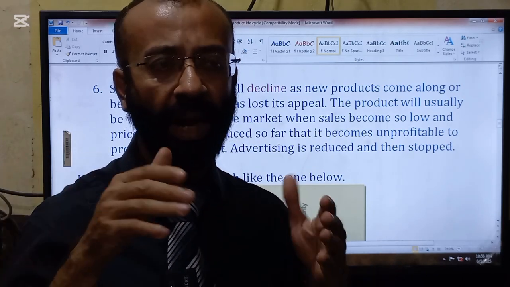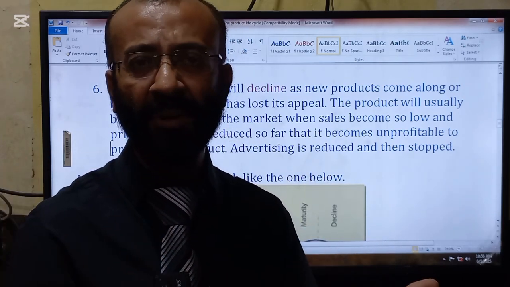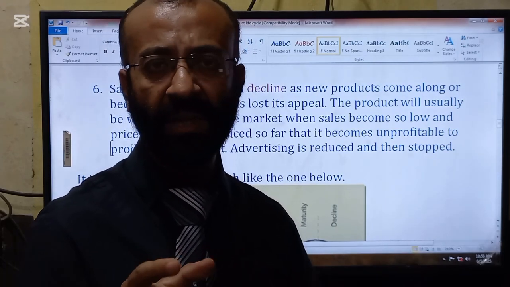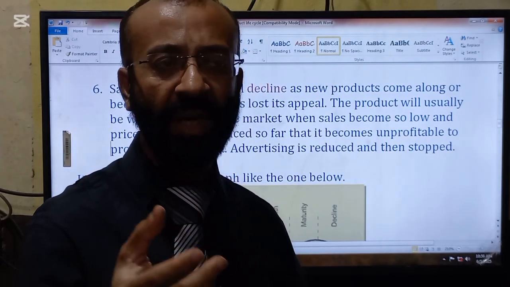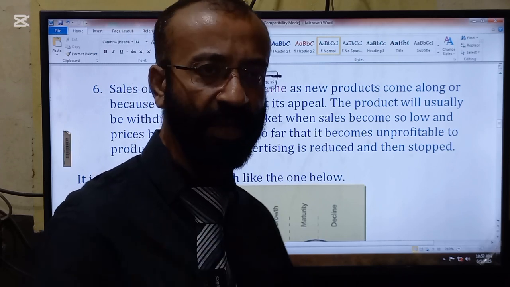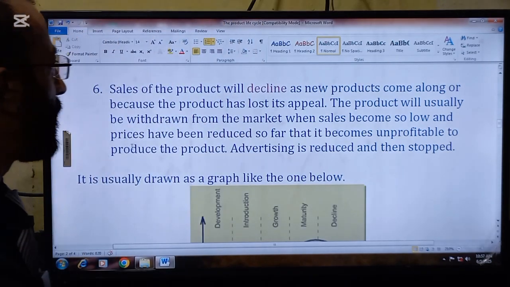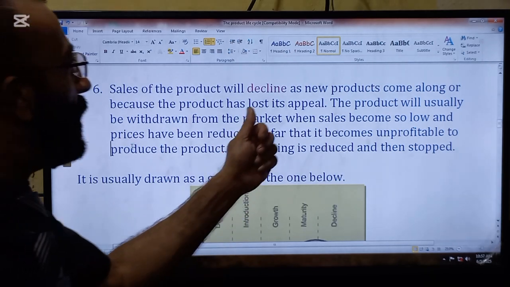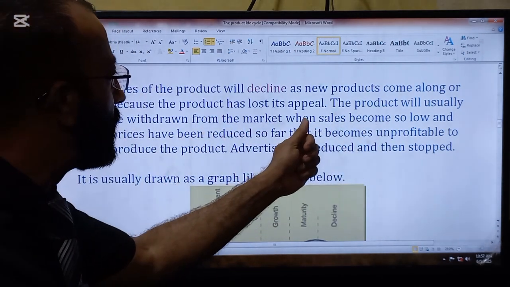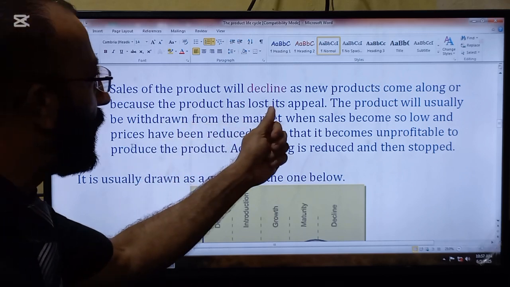Pepsi and Coke are now popular with elderly people. Youngsters, you can see energy drinks in their hands, the girls and the boys are taking energy drinks. For example, Sting is the most common example in Pakistan. So new products come along or the product has lost its appeal, and the product will decline.